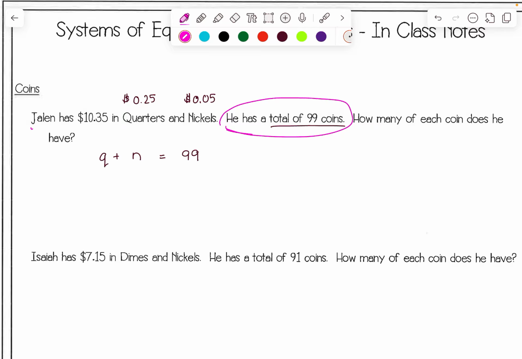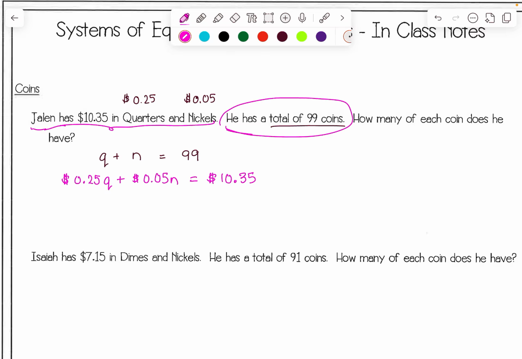The second equation I'm going to extract from my first sentence, and that is going to be based upon the value of our coins. So each quarter is worth 25 cents, plus each nickel, which is worth 5 cents, is going to equal the value of $10.35. Here are my two equations.